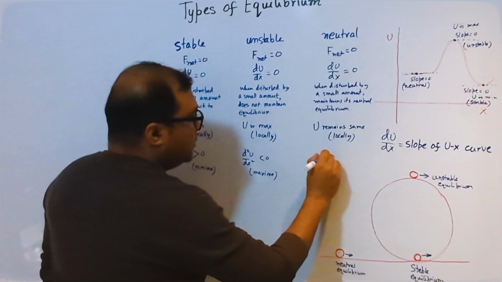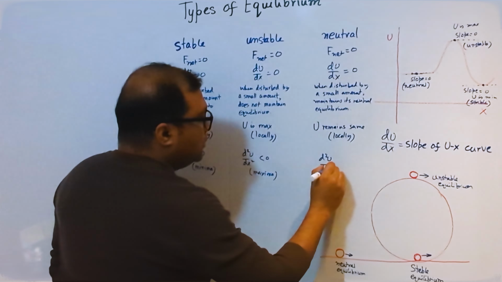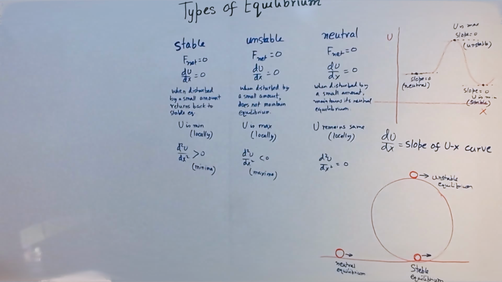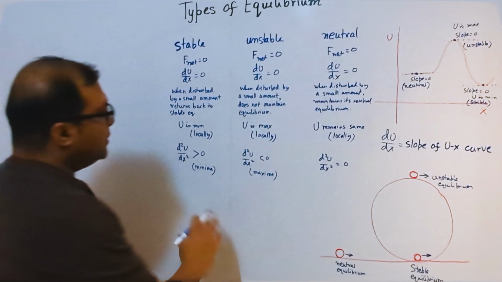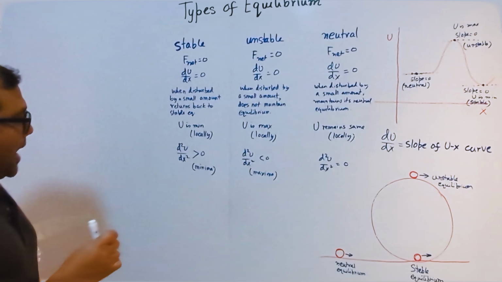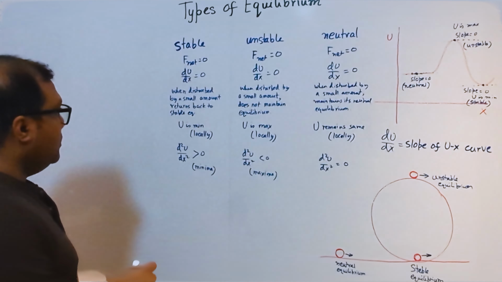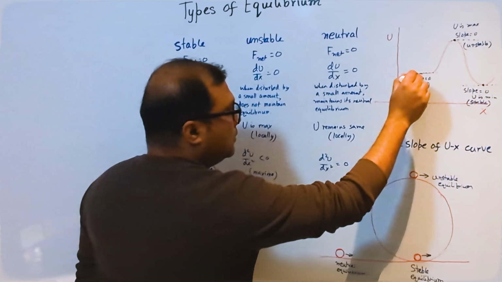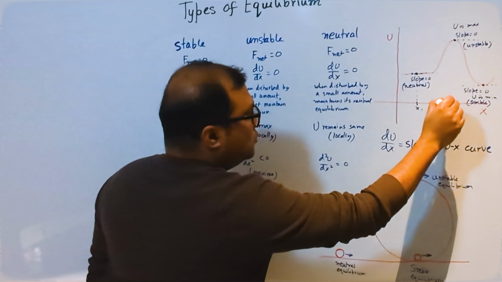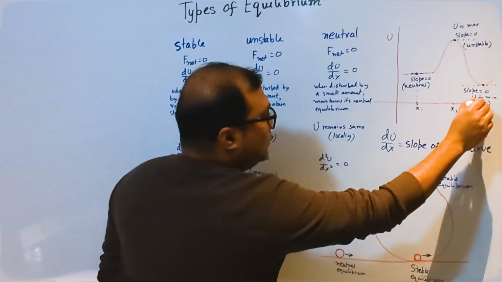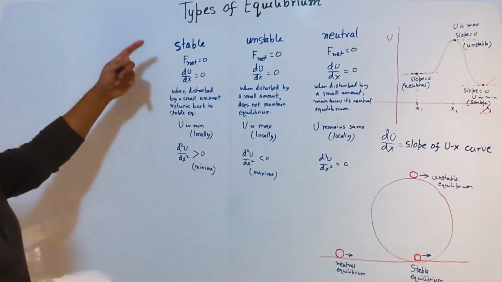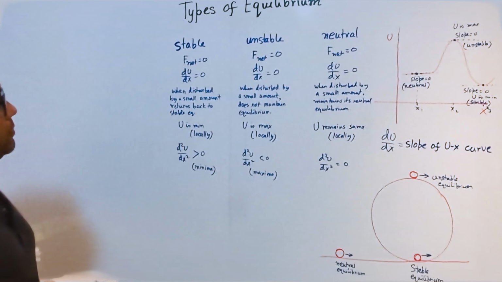And here, d square U dx square should be equal to 0. Okay? So that is how exactly we find out from a potential field whether at a given point x, or x1, x2, x3, we can evaluate whether it's a stable equilibrium, unstable equilibrium, or neutral equilibrium.